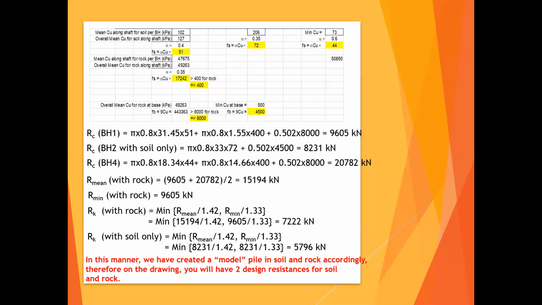So now you have 2 characteristic resistances. First is the one with rock, where you calculate the mean for the rock and the minimum with the rock, which is 7,222. Okay, so now this is for the rock. So you will use this resistance whenever there is a rock.